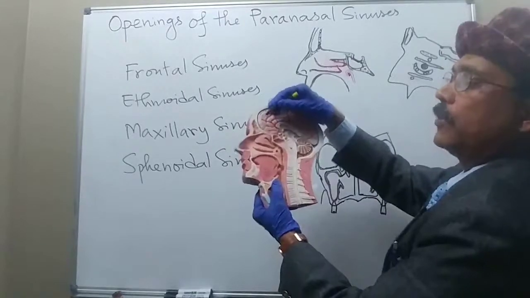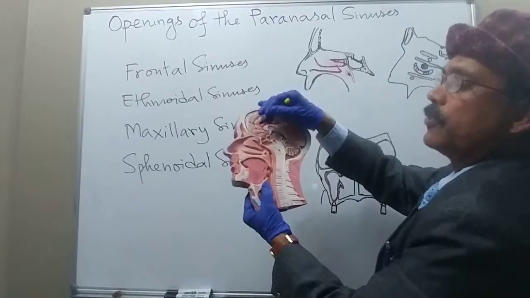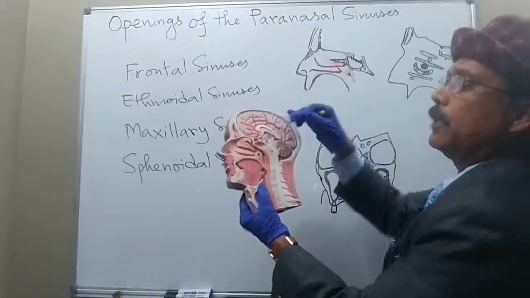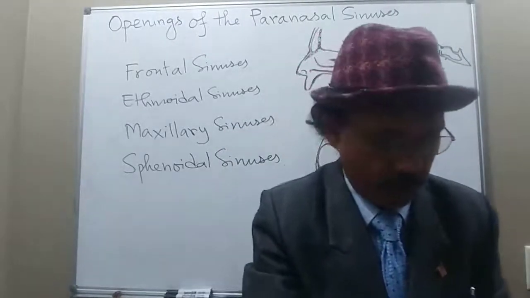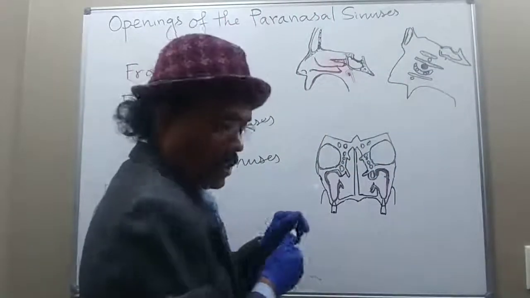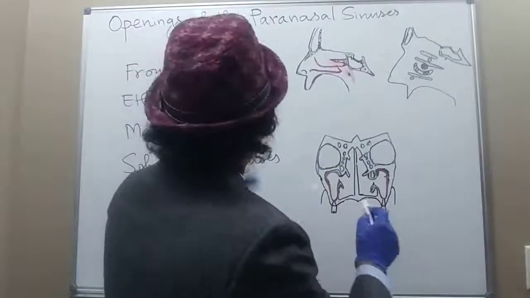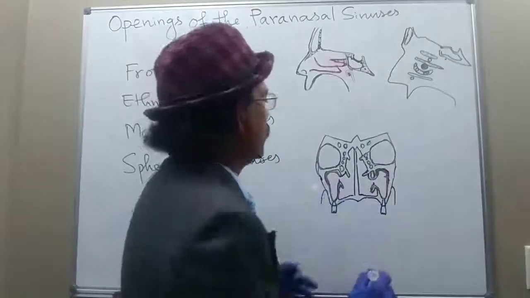These are the air spaces, lined by mucous membrane with respiratory epithelium, or pseudostratified ciliated columnar epithelium. So we have two frontal sinuses and two maxillary sinuses. Then we have the two sphenoidal sinuses. In the sphenoid, we have a septum there.